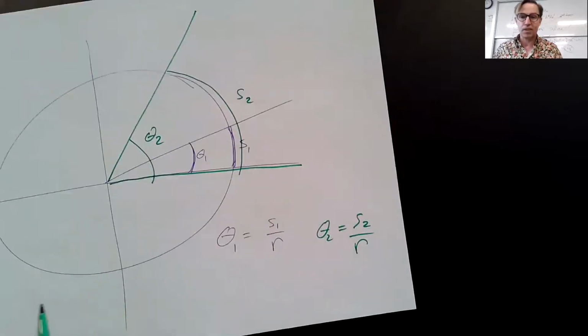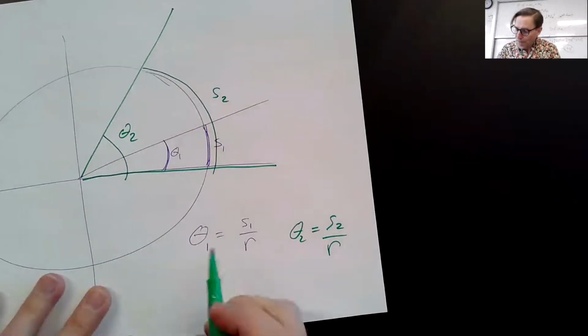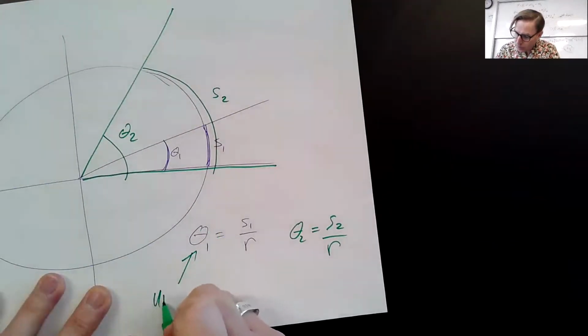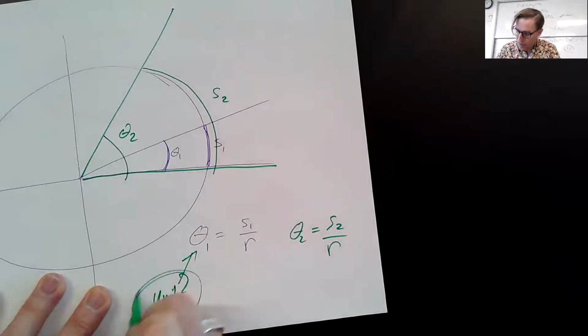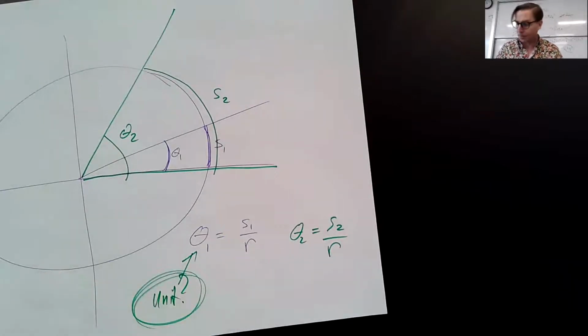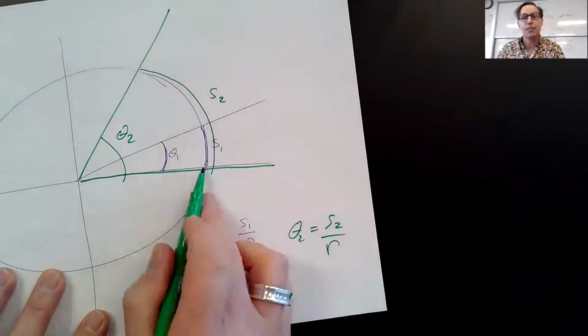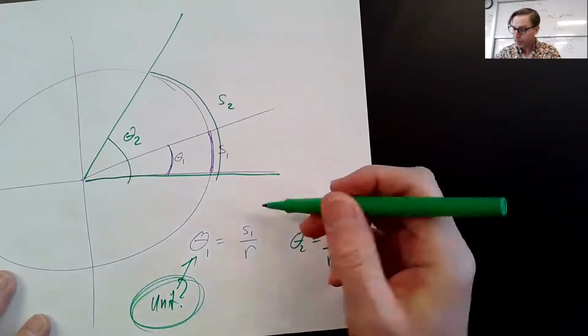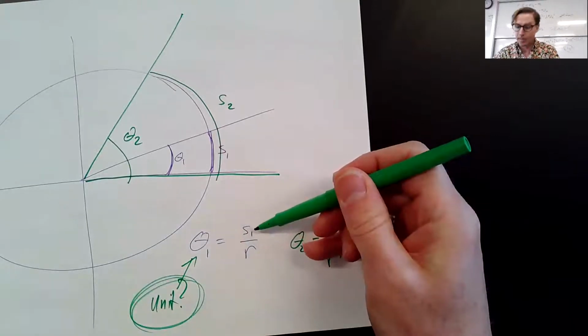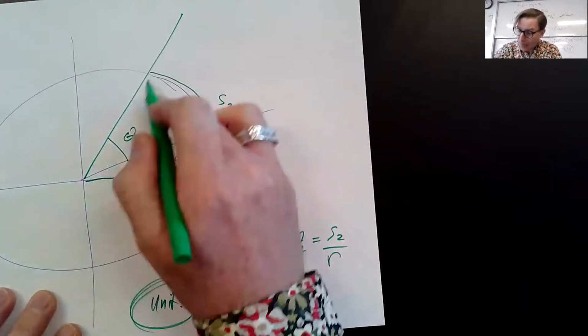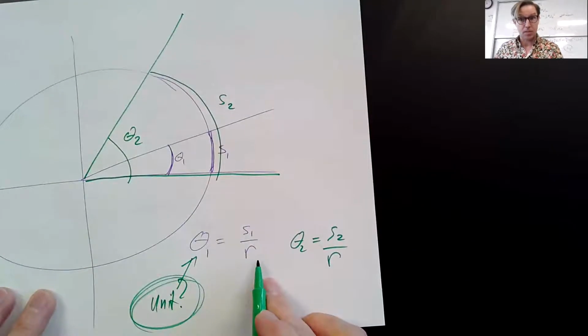So you're like, that doesn't really seem to clear things up. The thing that makes radians better is, what is my unit? Unit for angle measure. And I know you want to say it's degrees. It's not degrees. Arc length S is measured in meters. Radius is also measured in meters.